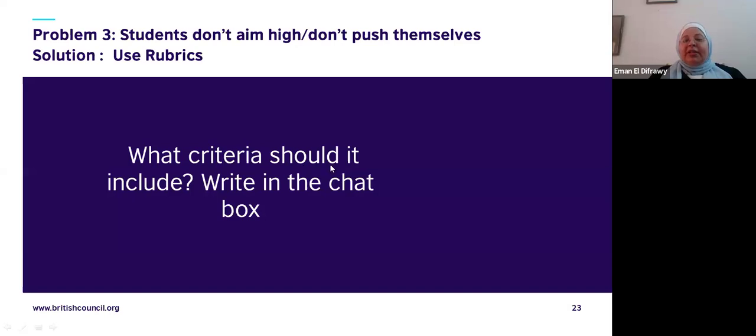So what criteria should we include in this rubric? Rubric for writing a paragraph. What criteria? Remember, we talked about topic sentence, we talked about giving supporting details, and of course, the conclusion at the end. So what should we include?